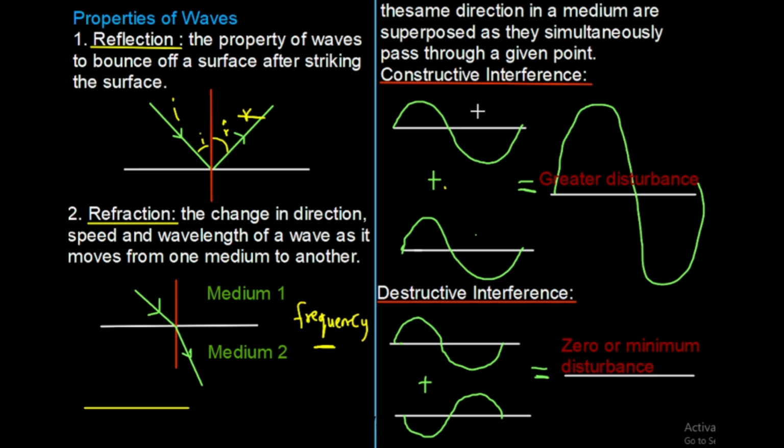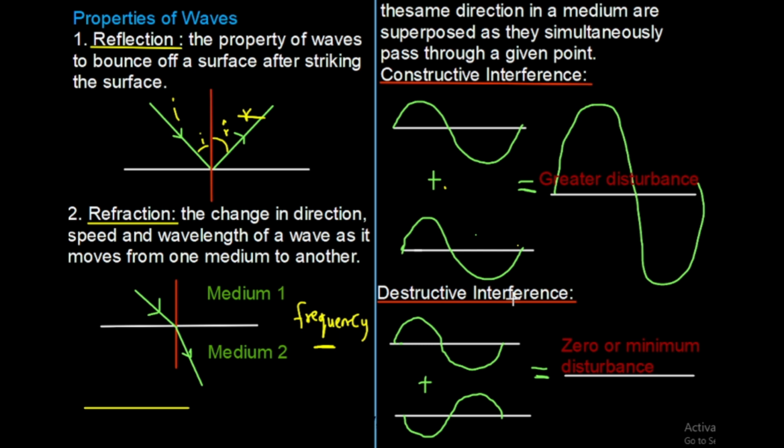In constructive interference, we have a crest combining with another crest, giving us a larger one, and a trough combining with another trough, giving us a larger one. So constructive interference gives rise to greater disturbance or more disturbance. So this is constructive interference.